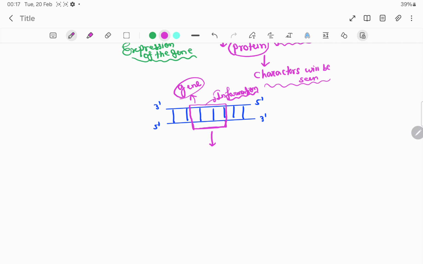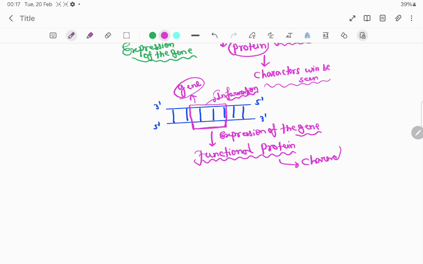Clear? Now when the gene is expressed, what will be formed? There will be formation of functional protein. As soon as the functional protein is produced, we can see the characters.